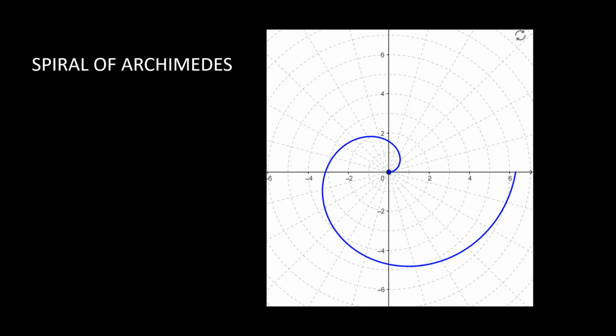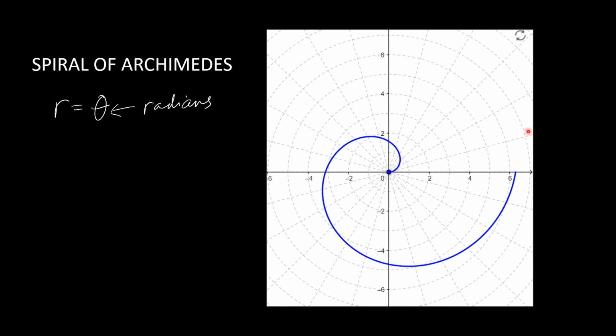Next is the spiral of Archimedes, and this is the graph of the spiral of Archimedes, and the equation is simply r equal to theta, where theta is in radians. So for theta equal to 0, r is 0, that is the pole.